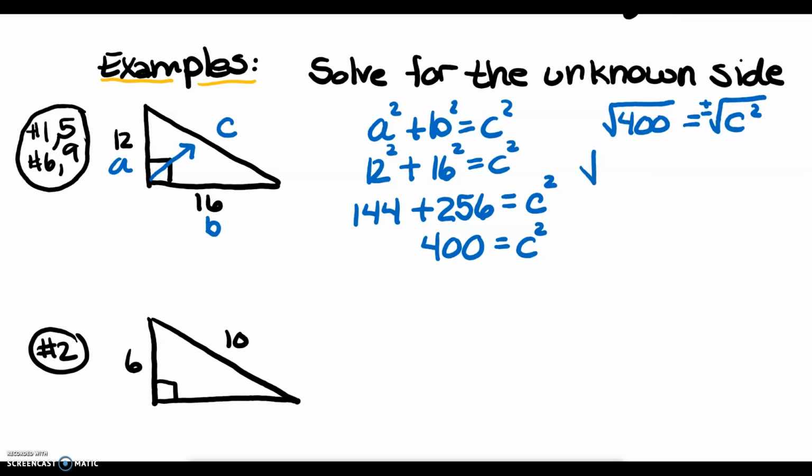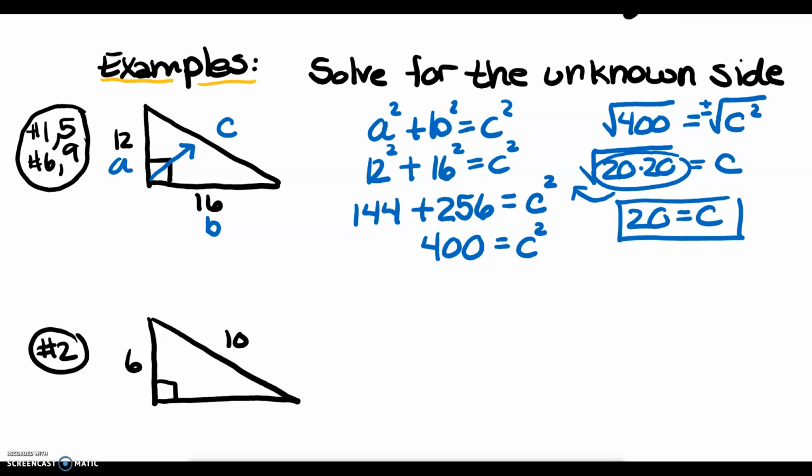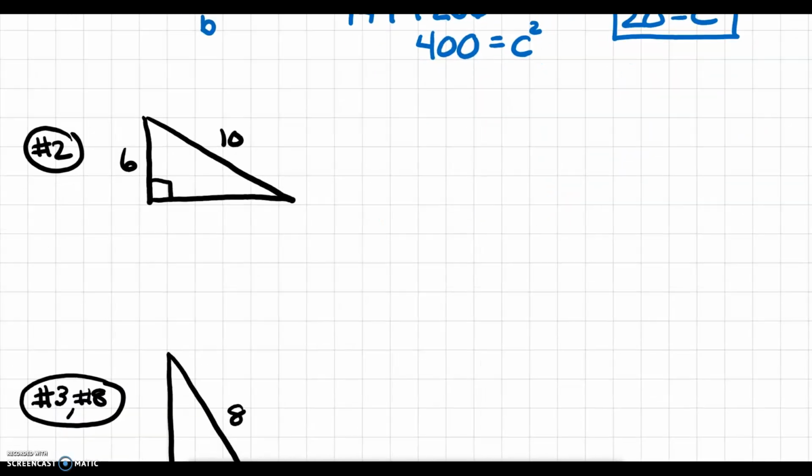So when I factor 400, I know from my knowledge of perfect squares that 400 is a perfect square, and it factors into 20 times 20. I'm going to take my positive c value and not my negative, and I'm going to pull out a group of 20s out, and I get c equals 20. And that's how you use Pythagorean's theorem to solve for the unknown side of a triangle.